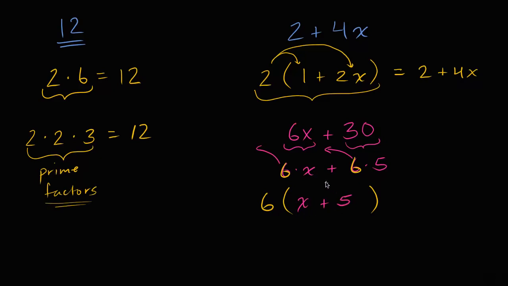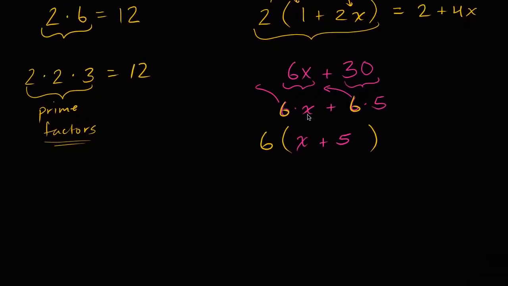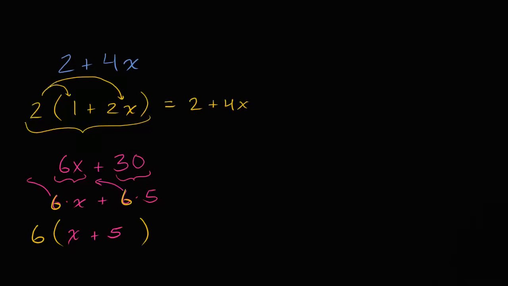Now let's do something that's a little bit more interesting, where we might want to factor out a fraction. So let's say we had 1/2 minus 3/2 x. How could we write this in a factored form, or if we wanted to factor out something?